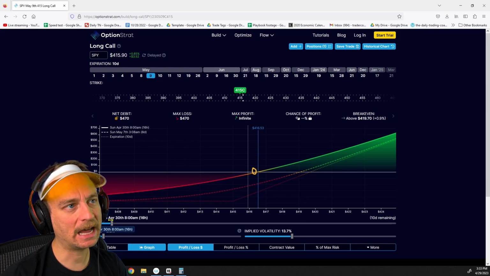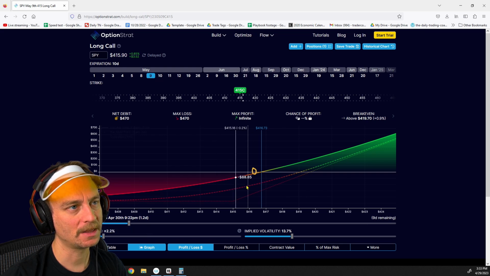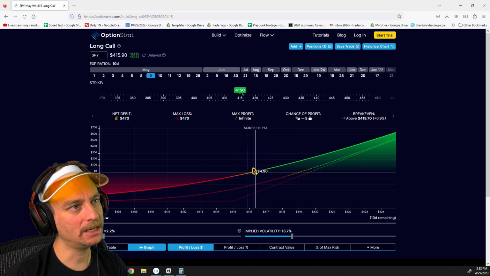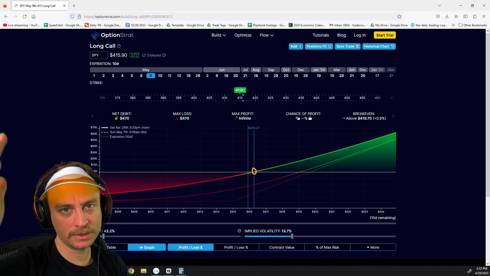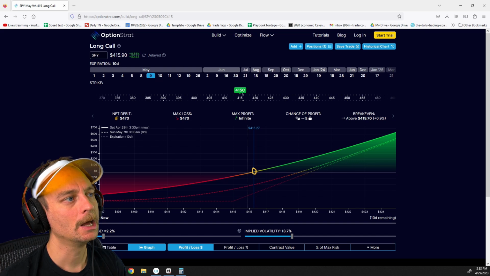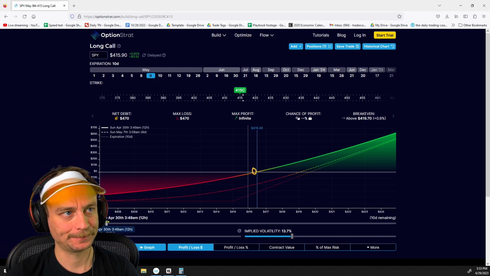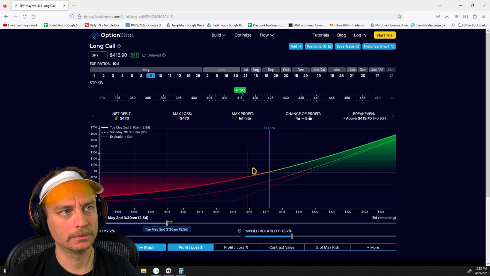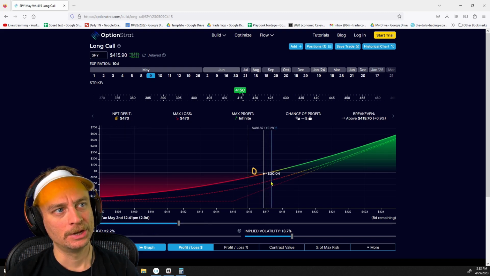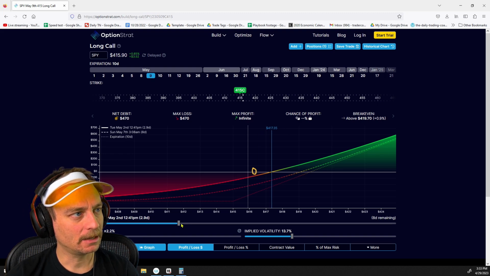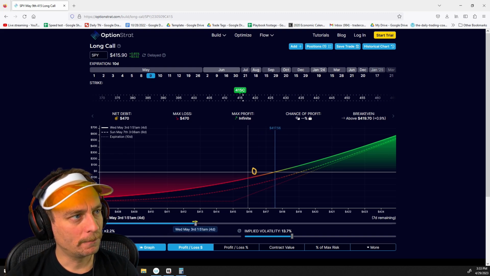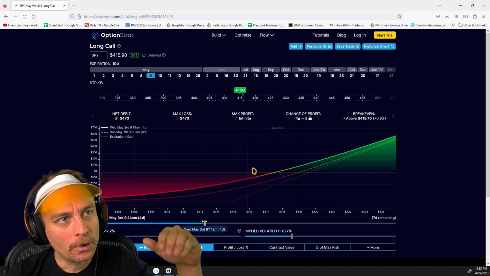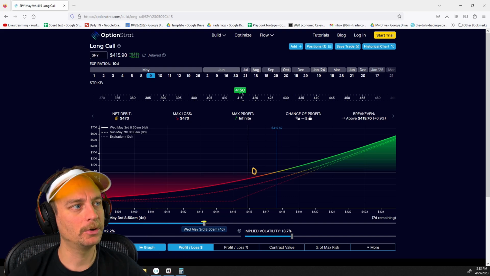Now, as time is going on, that was our break-even point. Put it back. This is our break-even point. As soon as the market moves up or down, we're either making money or losing money. But as time goes on, our break-even point starts to move upward. Every day, right here, May 2nd, at 12 a.m., May 3rd, 4:39 a.m., as every hour ticks, that break-even is slowly moving up.